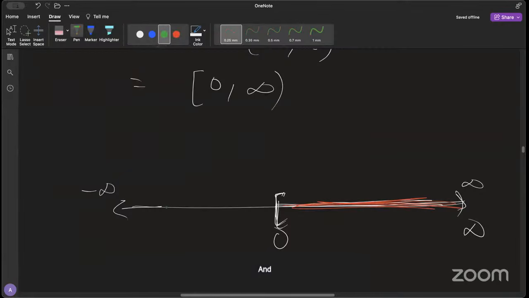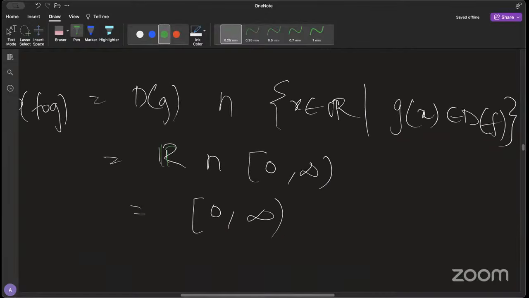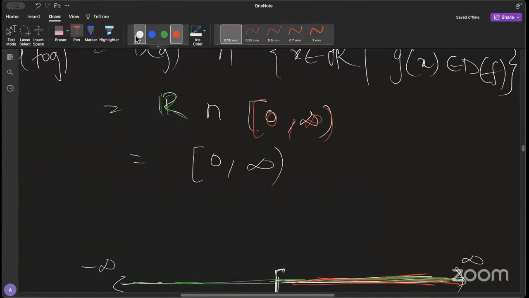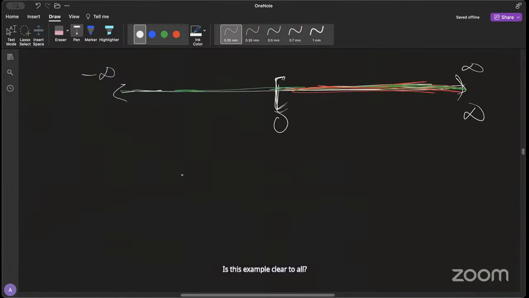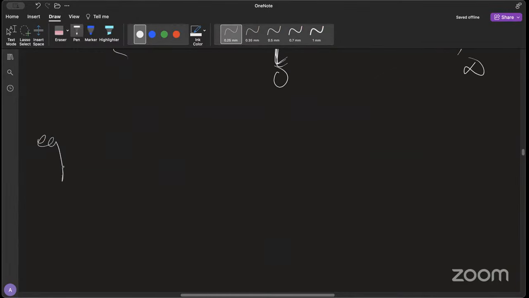And I want it to be in this set too. Is this example clear to all? Then we can move to the next example if this one's clear.